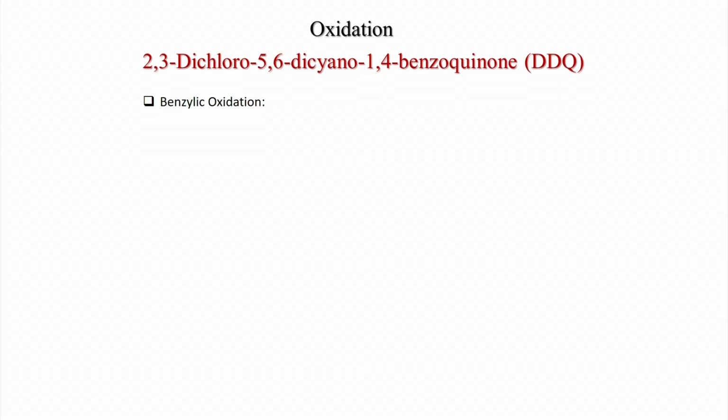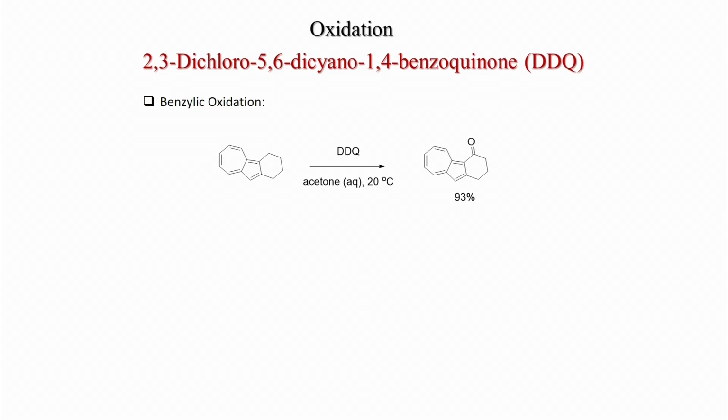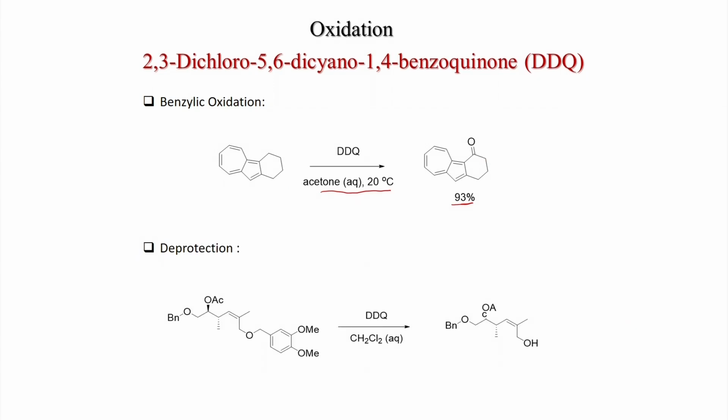Benzylic oxidation. DDQ also has been found to do benzylic oxidation like this system. In acetone at 20 degrees centigrade you get 93% yield. This is an azulene system, you get the carbonyl here, and it has been used also for benzylic deprotection.